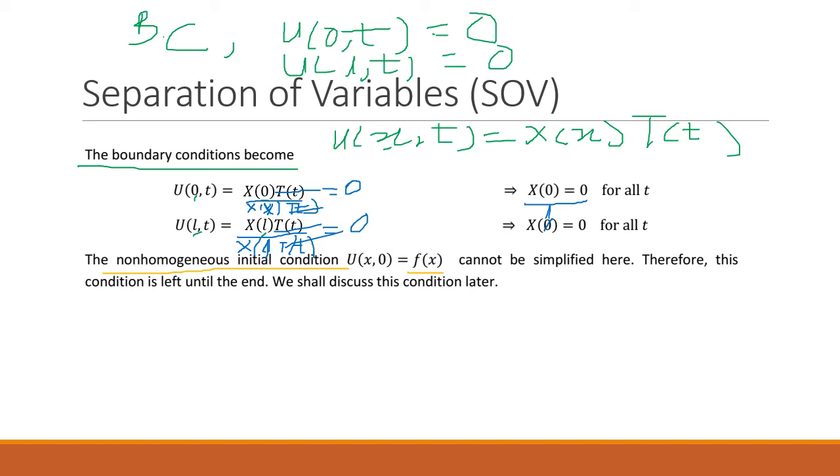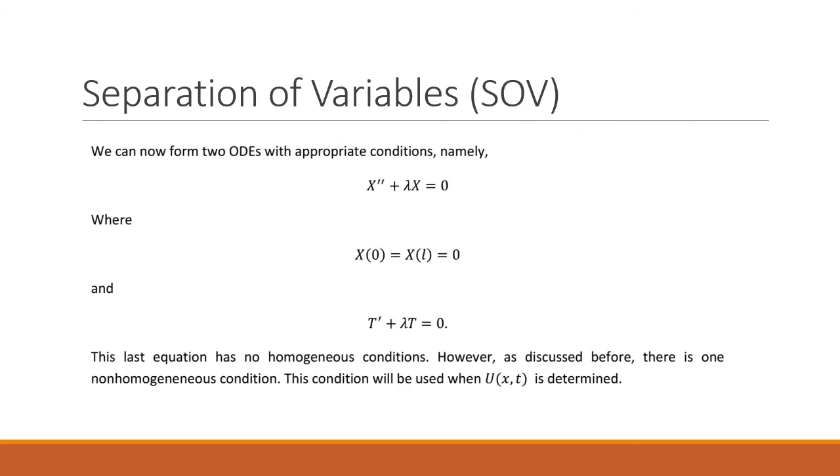Okay, so kalau dekat sini, the non-homogeneous initial conditions, yang ni dia tak equal to 0, jadi dia adalah non-homogeneous initial condition, cannot be simplified here. Okay, kita tak boleh nak simplify sebab dia bukan homogeneous boundary condition. So separation of variable kita boleh apply hanya untuk homogeneous PDE, homogeneous linear PDE dan juga homogeneous condition.